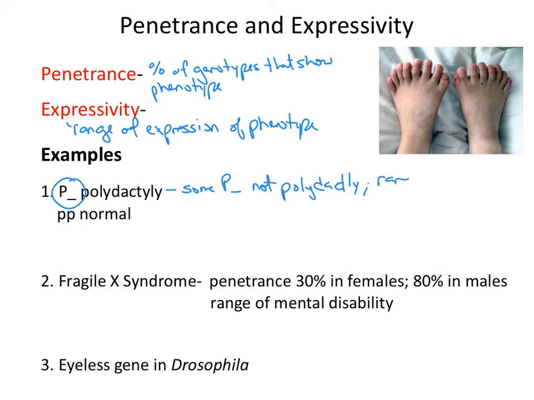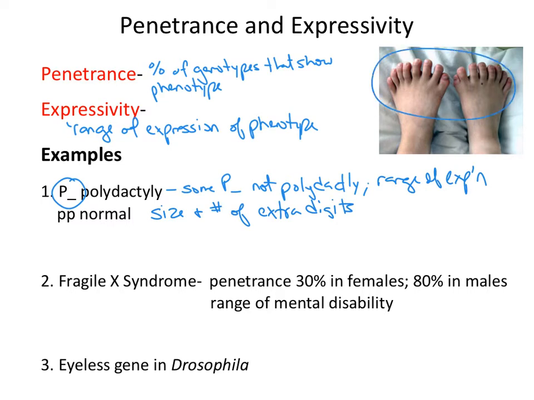There's a range of expression in these individuals. The size and number of extra digits varies. Some people have just one small partial digit. Some have complete digits. You can see in this individual, I had to count, there are 3 extra digits on both sides.